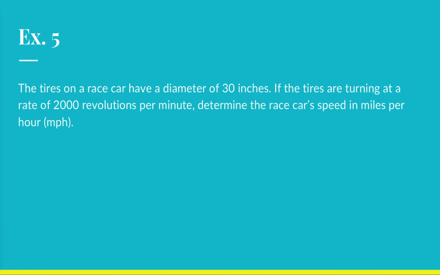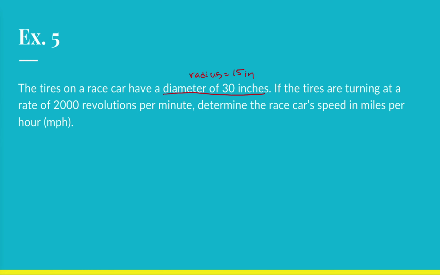The tires on a race car have a diameter of 30 inches, and I'm going to go ahead and write that as a radius of 15 inches so that I don't forget that. If the tires are turning at a rate of 2,000 revolutions per minute, determine the race car's speed in miles per hour.